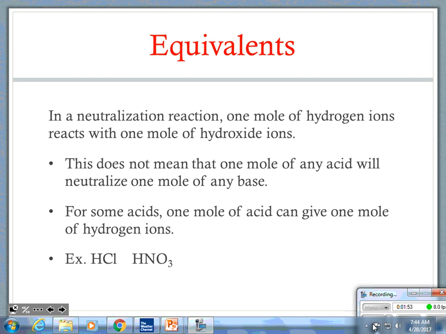Now, if you look at these two acids that I have listed there at the bottom, the very first one is hydrochloric acid. The second one is nitric acid. If you are going to list those as monoprotic, diprotic, or triprotic acids, how would you classify those? Just stop and listen to the question: are those monoprotic, diprotic, or triprotic acids?